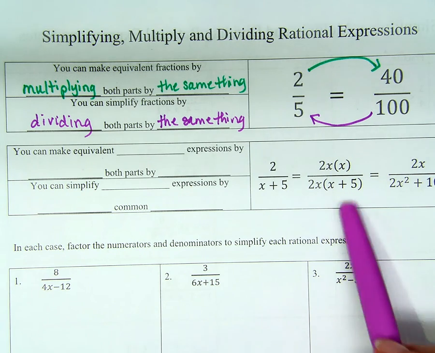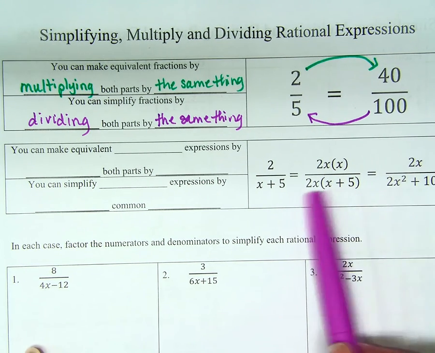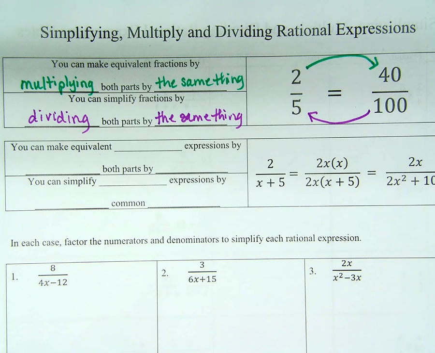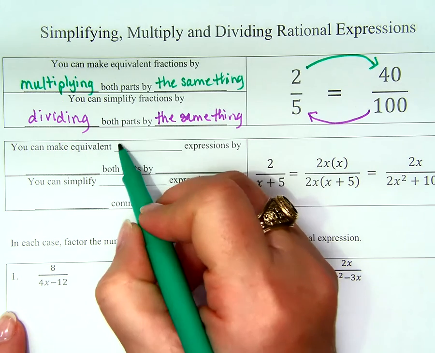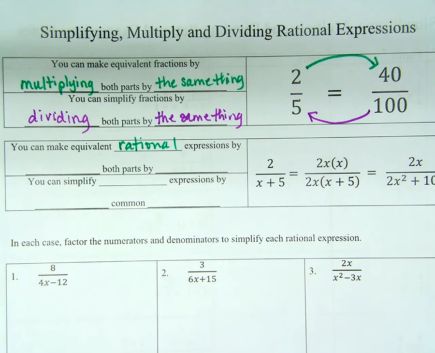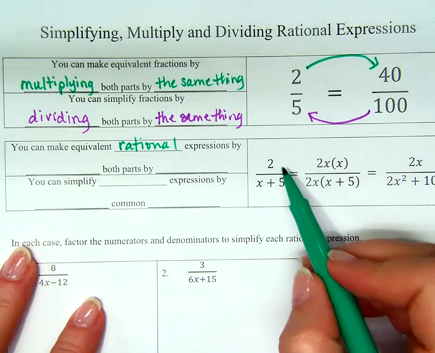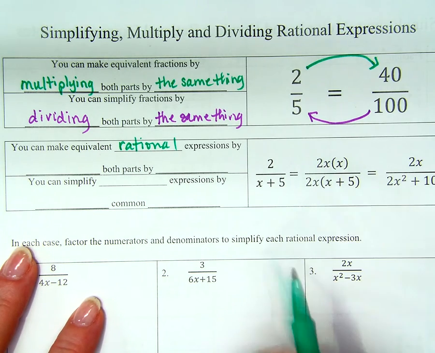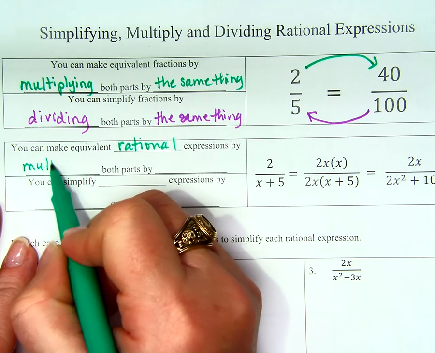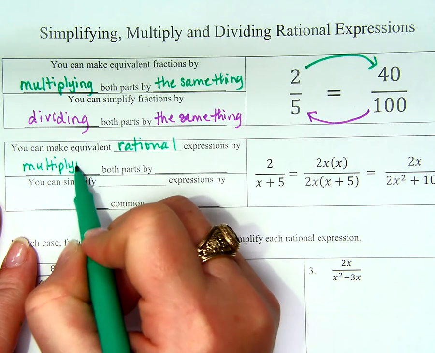Same kind of rules still apply when you have rational expressions as opposed to just fractions. You can make equivalent rational expressions by, if I'm going from here to here, what am I doing? Good.